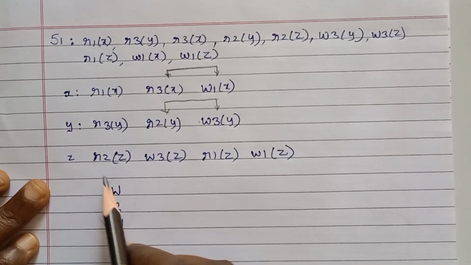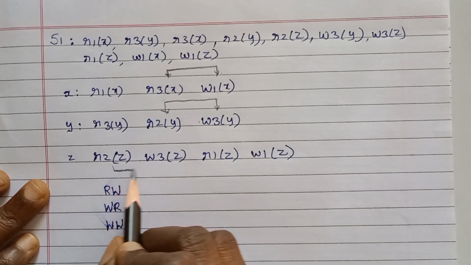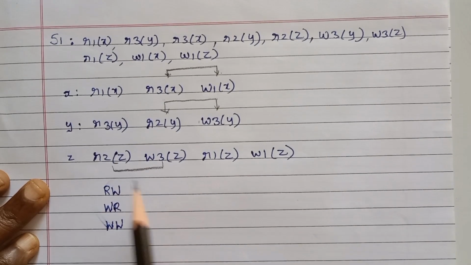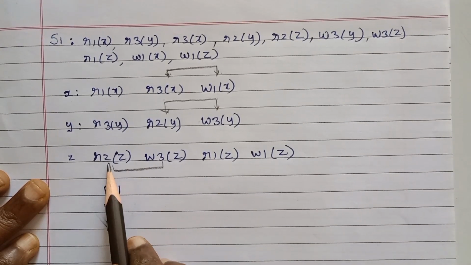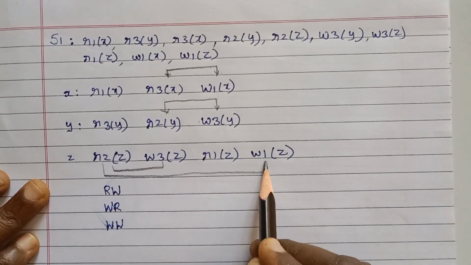Next, z: r2 and w3 is a conflict, so mark this. Next, r2 and r1 are both reads, no problem. Next, r2 and w1: this is a read and write, so you have to mark this too.